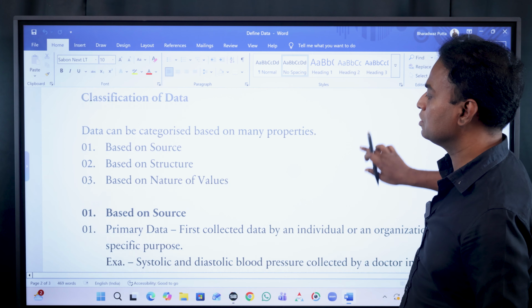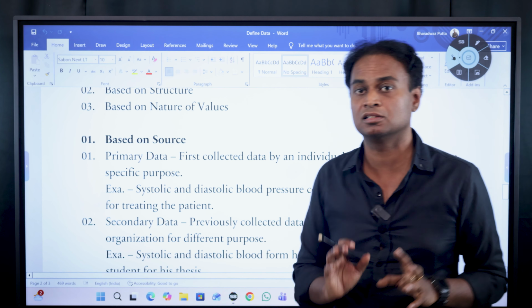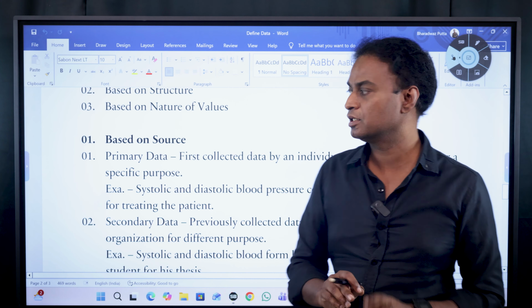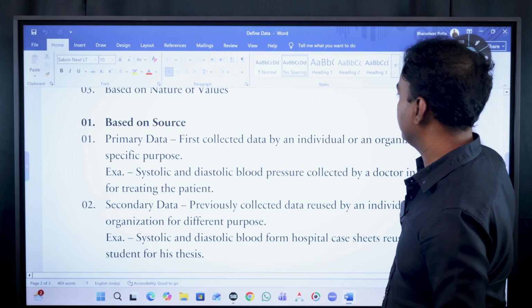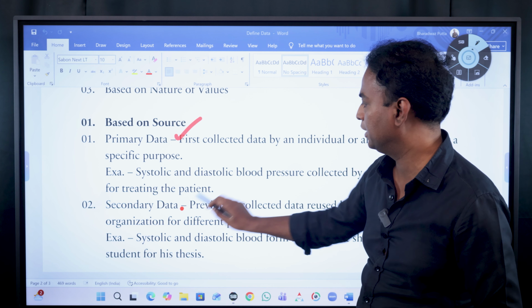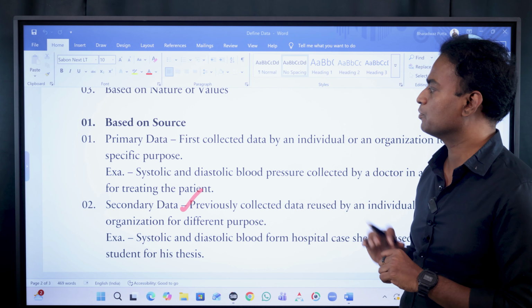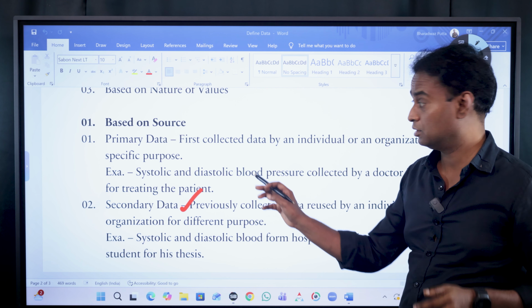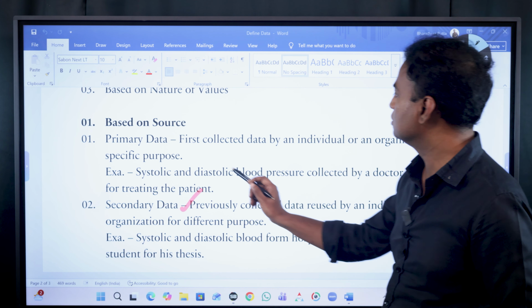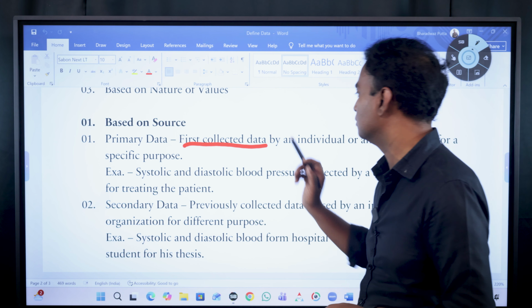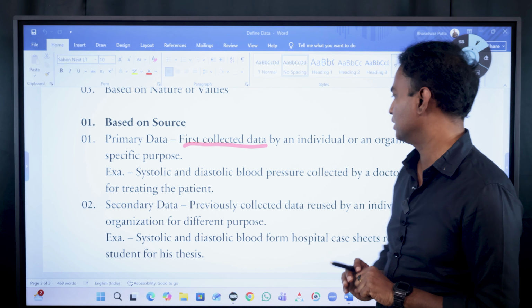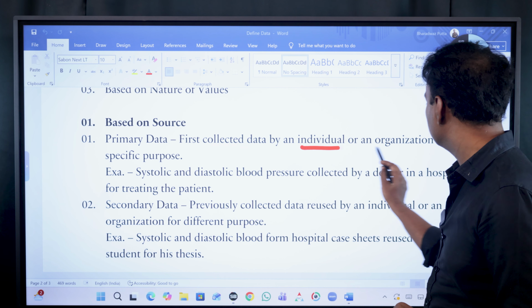First one is based on the source, from where the data is coming. Based on the source, data is classified into primary data and secondary data. These are the two types of data based on the source. What is primary data? You have to be careful here, this is very important. This is the first collected data. Primary data is the first collected data by an individual or organization.